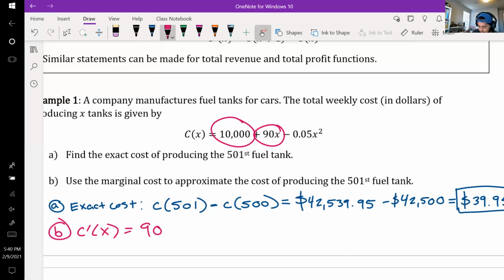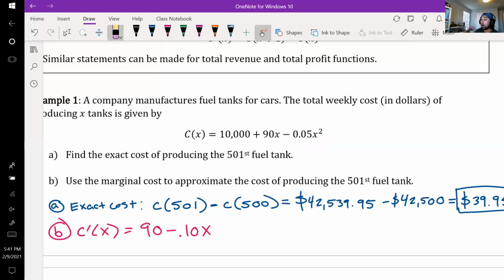What's the derivative of 90x? 90. Minus, what's the derivative of 0.05x squared? 0.05x. Don't forget to bring the 2 down, though. Oh, yeah. So 2 times a nickel is how much change? 10. 0.10x. There we go. There's the derivative.